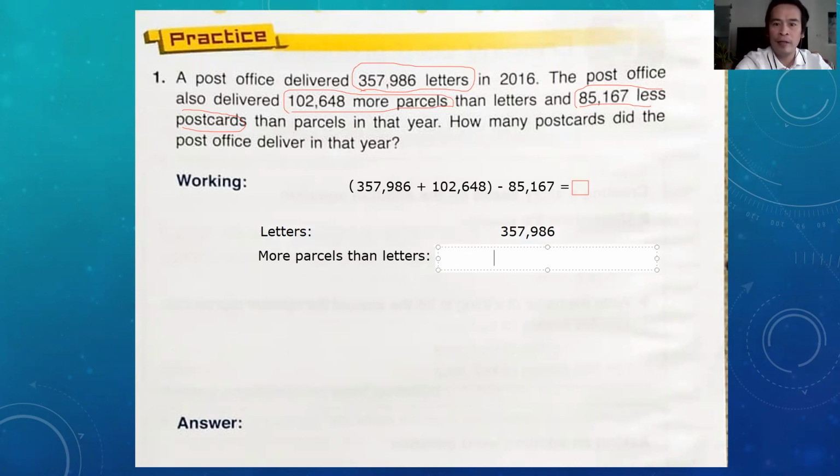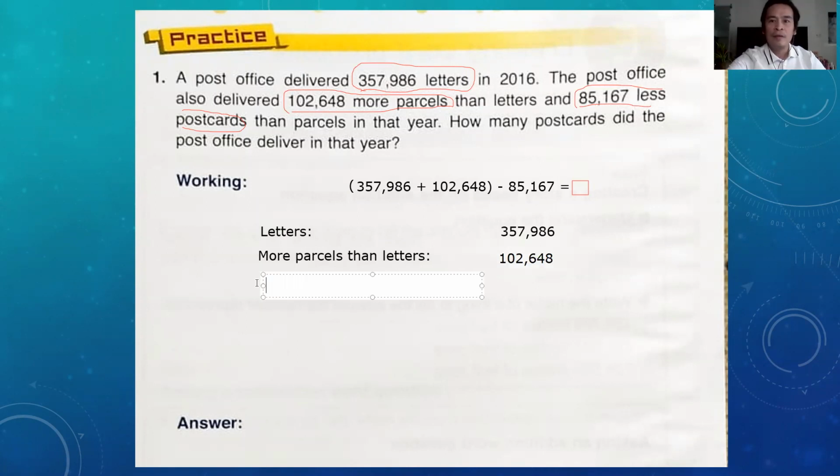It's 102,648. So you notice that it's not a sentence, or it doesn't have a full stop, but we have colon. Okay, we can use this method if you want. You have to copy what I'm writing right now. We have to copy the same.